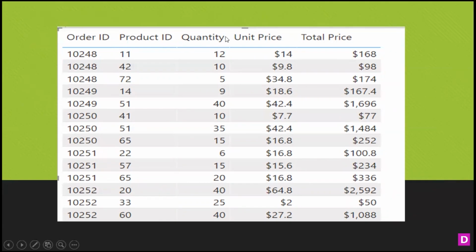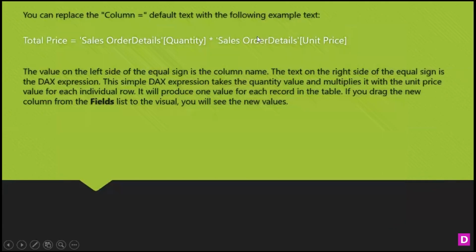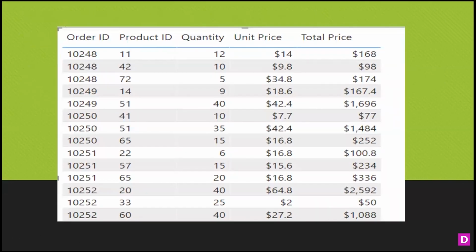That's a simple and straightforward DAX expression which we'll use for this purpose. If you hit enter, it will be added to your field list. Now you can go ahead and use that new calculated column in any of your graphs or visuals to show the total price. Great.